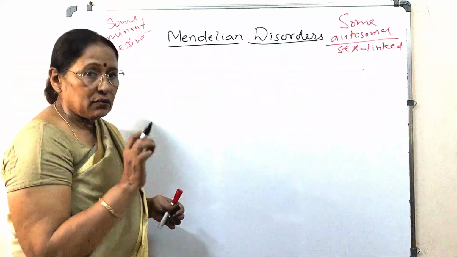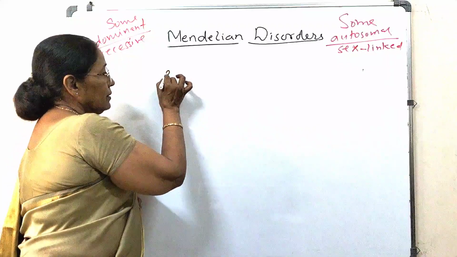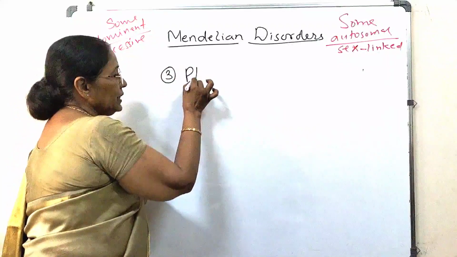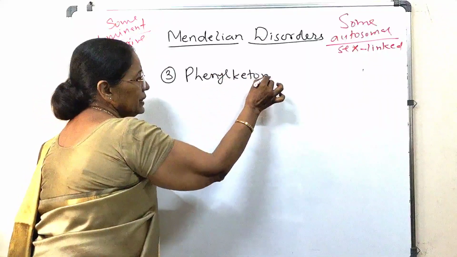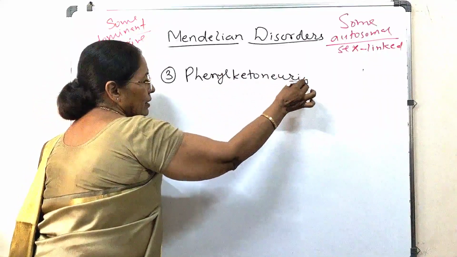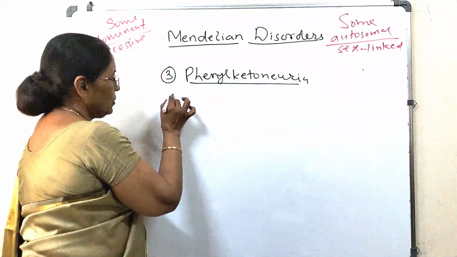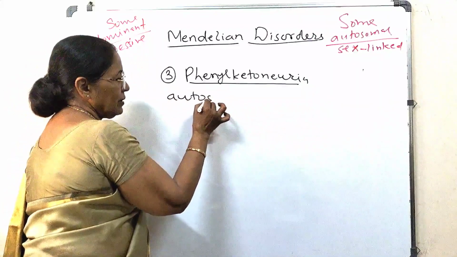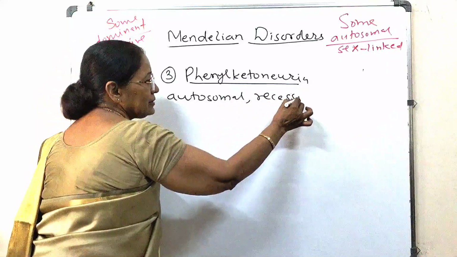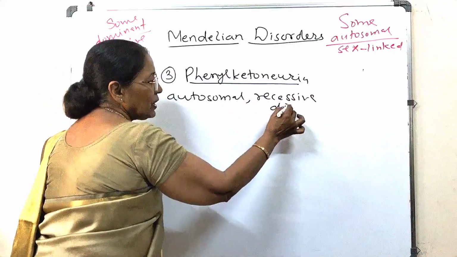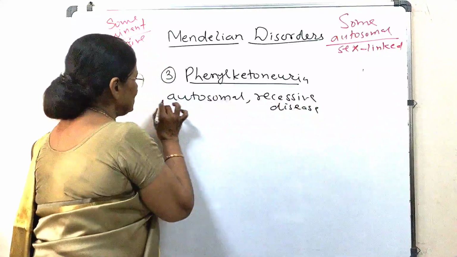Phenylketonuria. Now we are studying phenylketonuria. This is again an autosomal recessive disease. What happens in this disease?